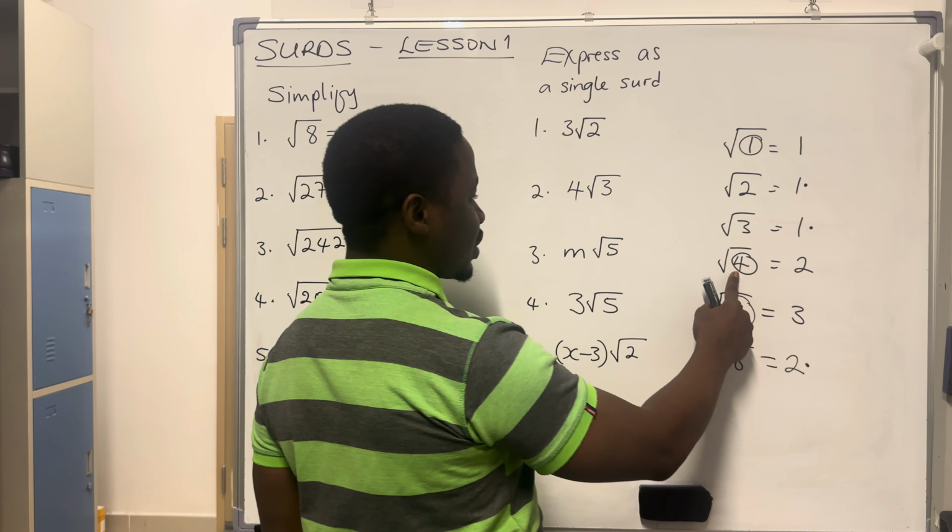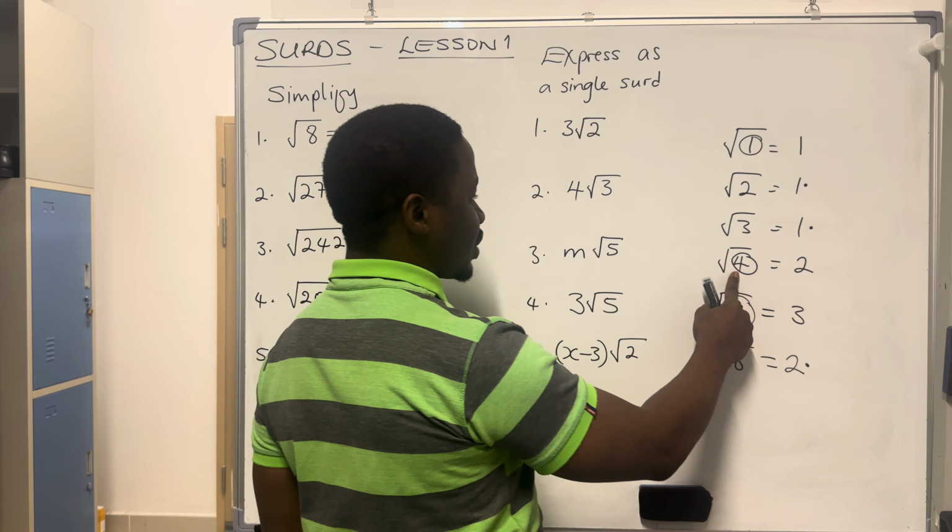Now 2 will give us a point. 3 will give us a point. 8 will give us a point. So these ones that give us a point, their square roots, we call them irrational numbers.